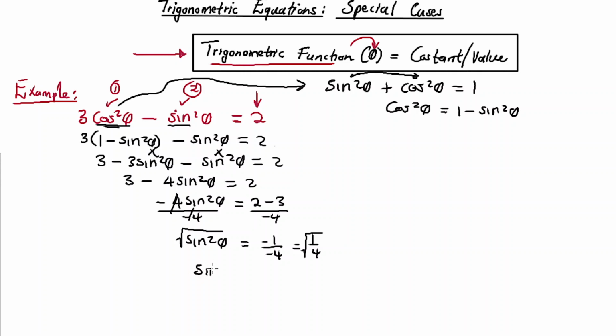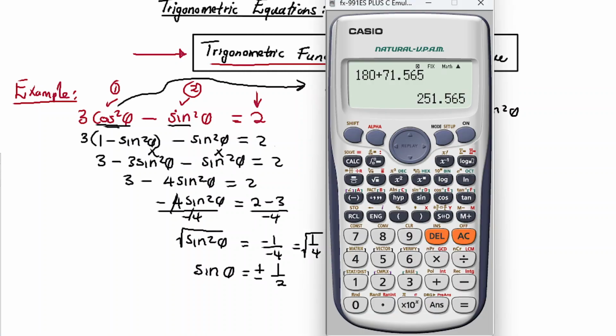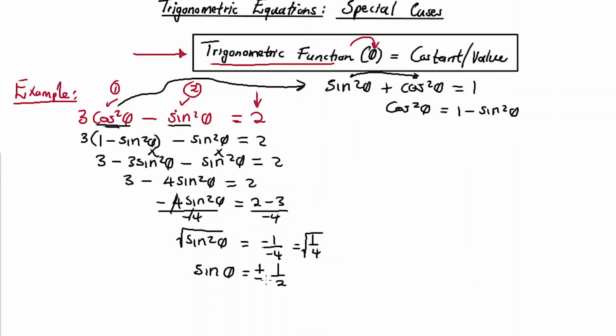So I'm now left with sine theta equal to, by taking a square root of a number, you're going to get a plus or a minus. The square root of 1 over 4 is equal to 1 over 2. So plus minus 1 over 2. So this is sine theta.